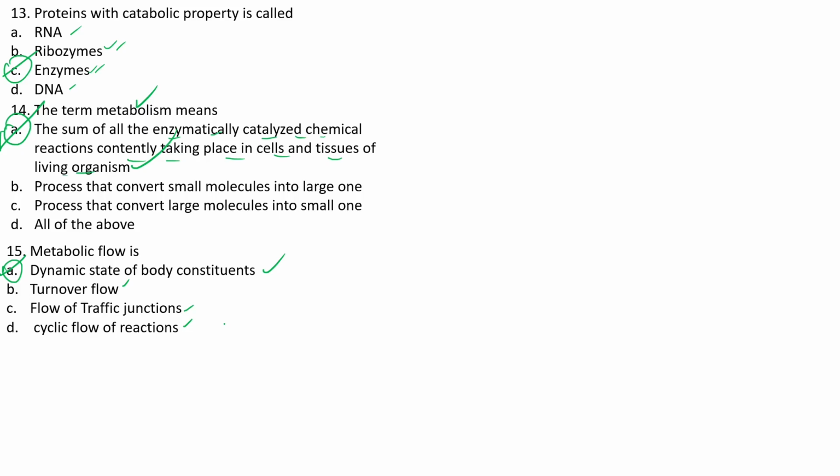This metabolic flow, the ability of the molecules to move from one metabolic reaction or pathway to another, is called a steady state, a ready state to do the metabolism, also called the dynamic state of body constituents.